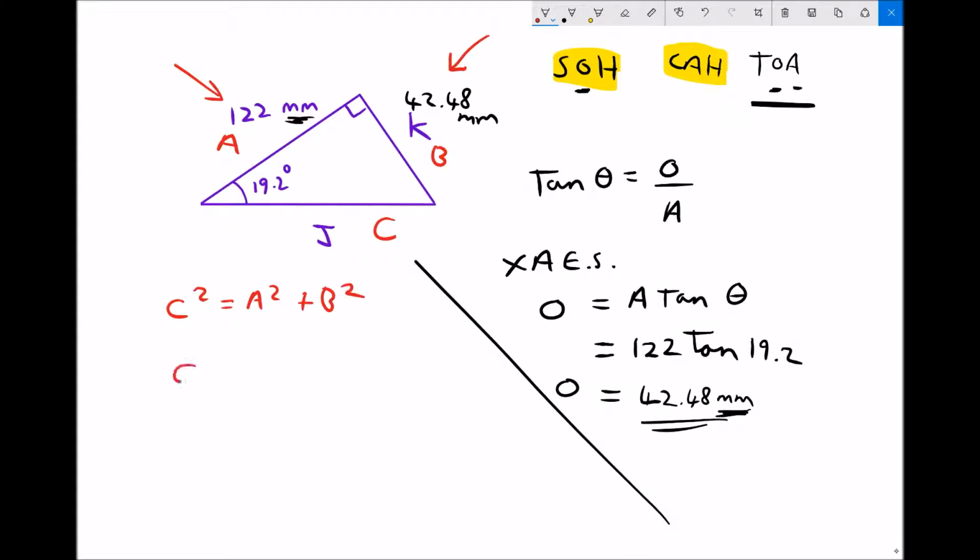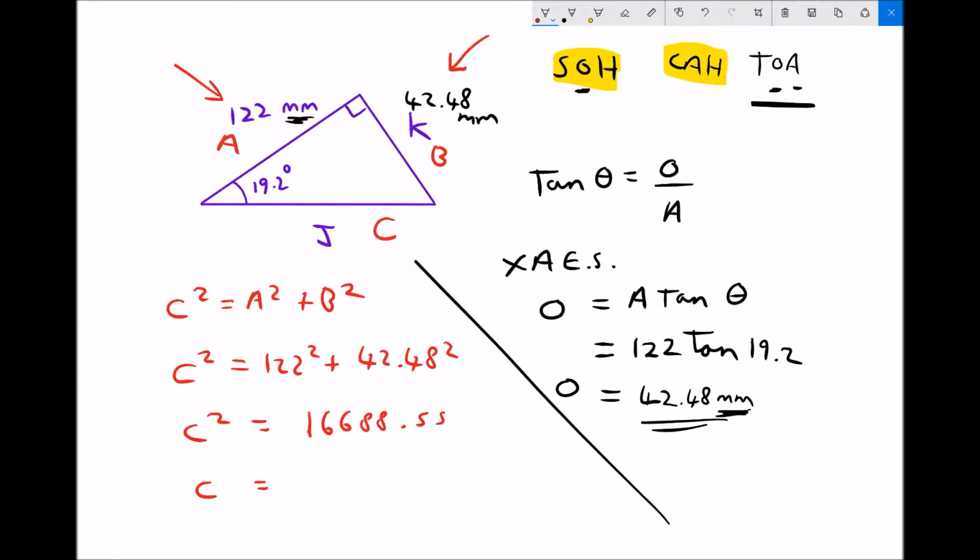And in this case, we're trying to find C. C squared is A is 122, B is 42.48. Therefore, C squared, running that through our calculators, is 1688.55.